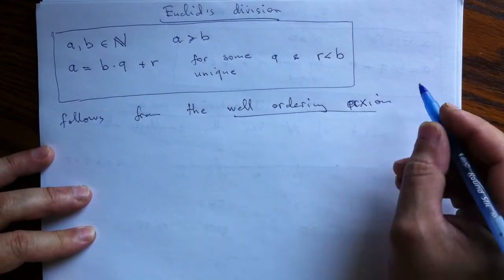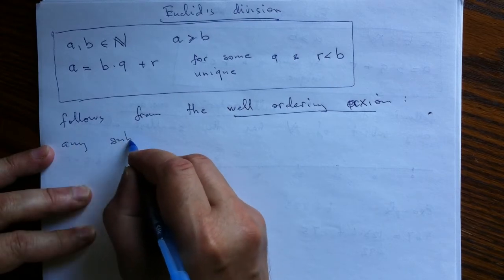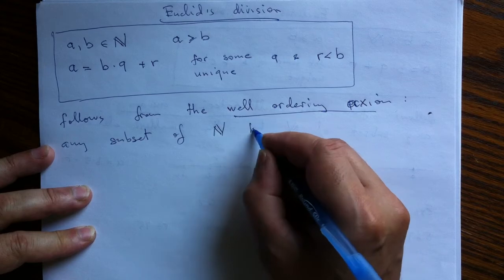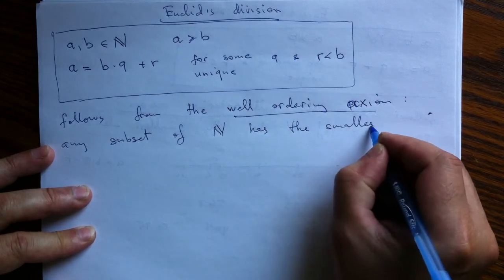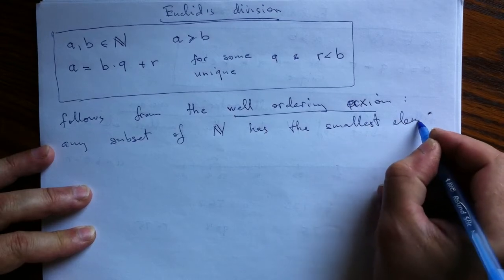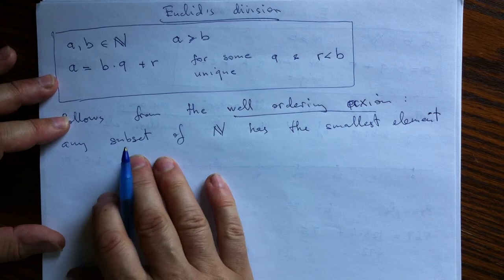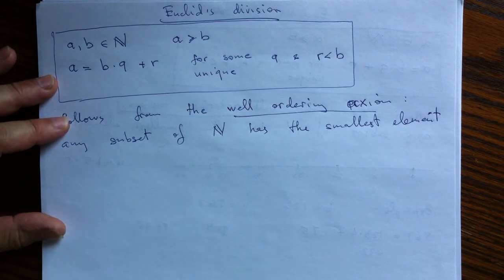This well-ordering axiom says that any subset of the set of natural numbers has a smallest element. I'm not going to prove the statement using this well-ordering axiom. I would rather delegate it to you.